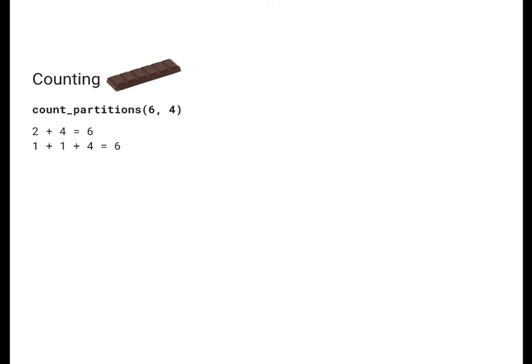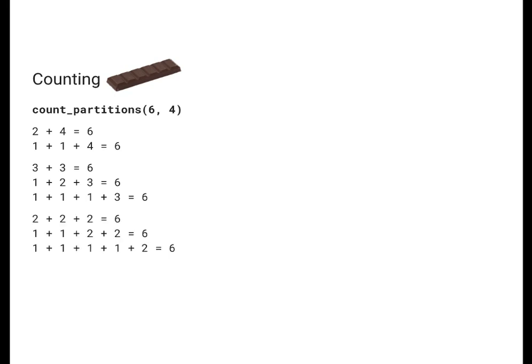Combinations with 3 pieces of chocolate: I can give one person 3, another person 3, or one person 1, another person 2, another person 3, and so forth. And here are all the combinations, all the way down to just giving everyone 1 piece of chocolate. So if this is the solution we want to get, we want to figure out how many of these combinations there are. That's the problem.